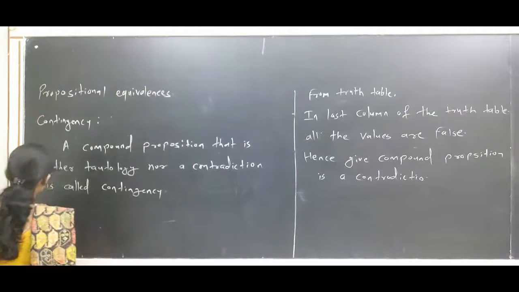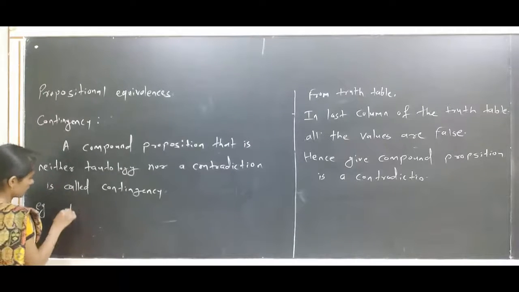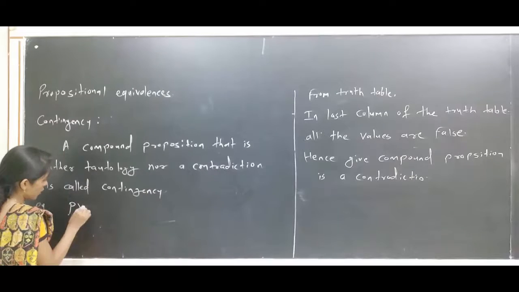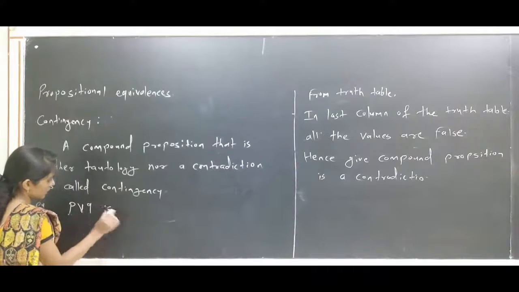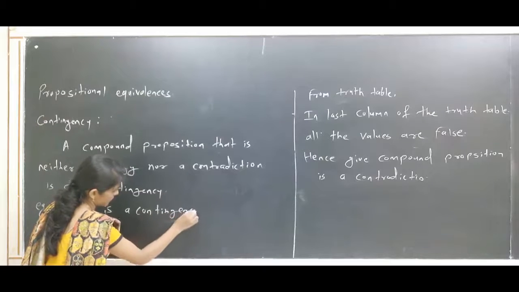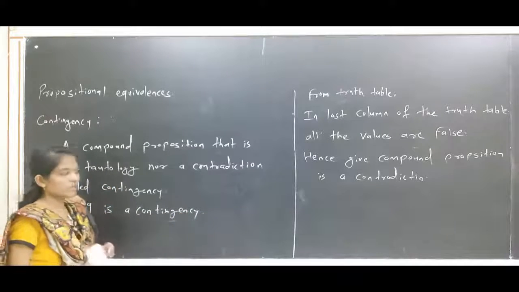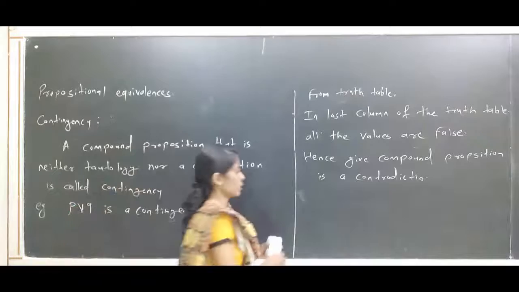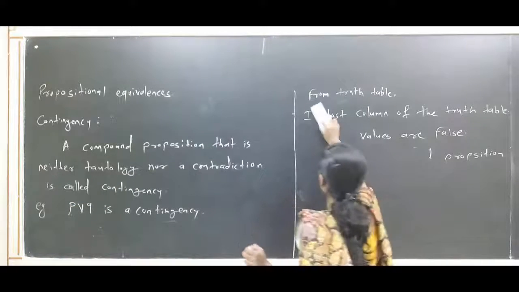For example, P or Q is a contingency. So we construct the truth table of P or Q, that is disjunction.